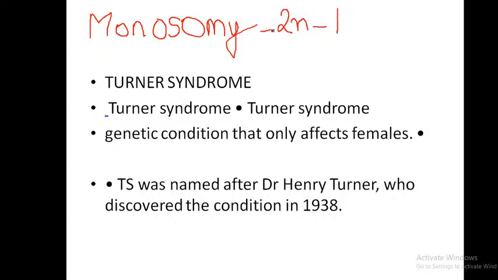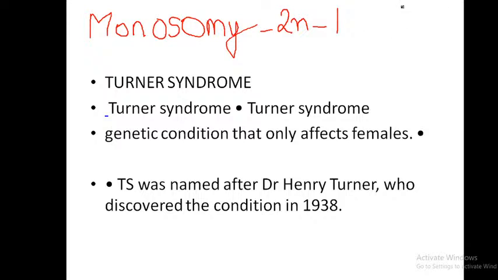That's known as monosomy. An individual having 1 chromosome less in its diploid number. From the diploid number 2n, one chromosome will be less. That means instead of 46, they will have only 45.